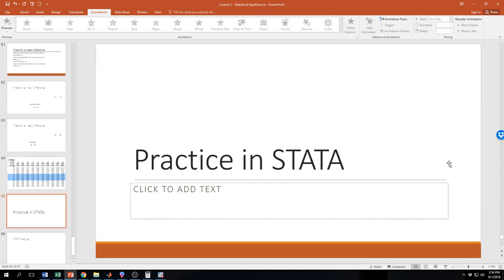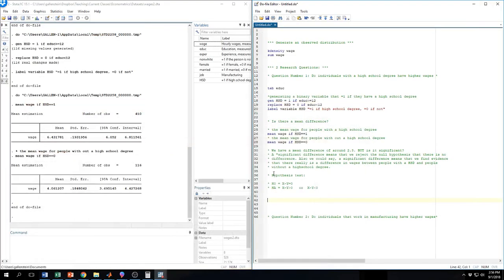But of course, once we're in Stata, we don't have to look up t-tables or anything like that. We actually do something pretty straightforward. And this is a really, really helpful code. So let's learn this one. What we're going to do is called a t-test. That's it. Very, very simple. T-test, wage, comma, by HSD.